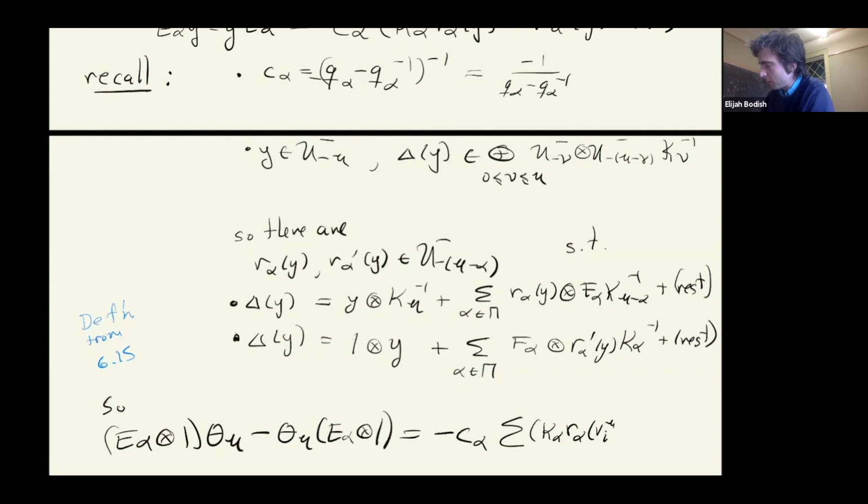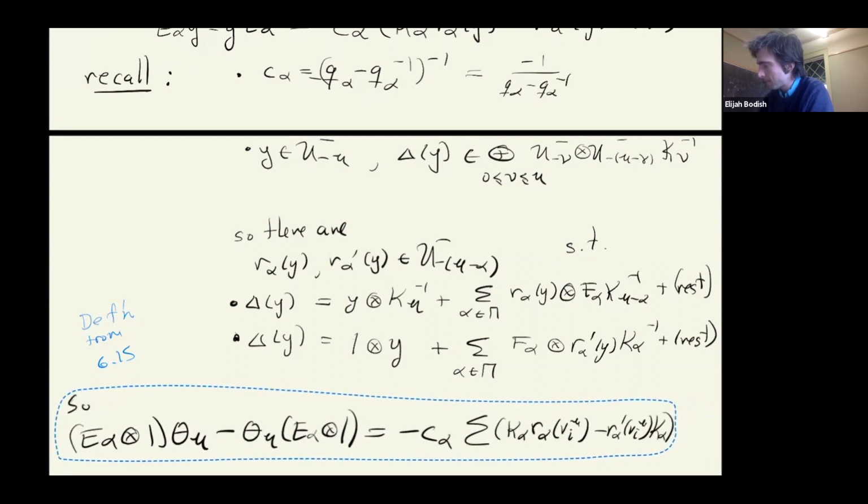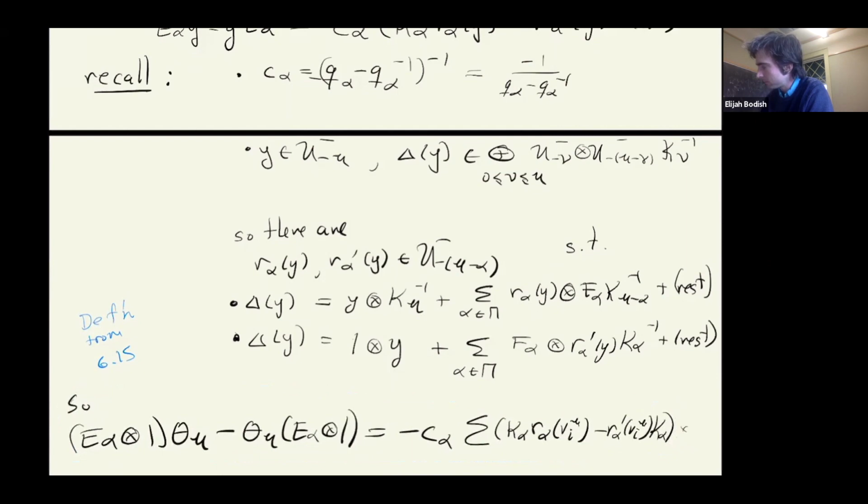This is R alpha of vi mu minus R alpha prime vi mu K alpha. And then we tensor with ui mu. So all of the work of introducing the R alphas and R alpha primes was just to get this.